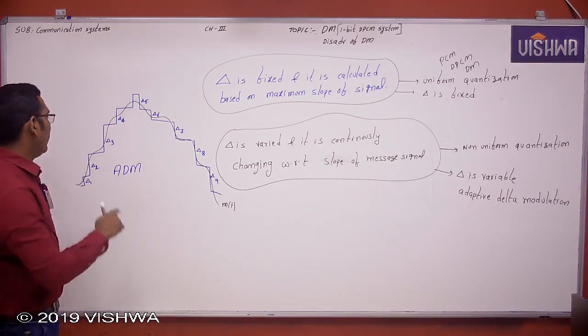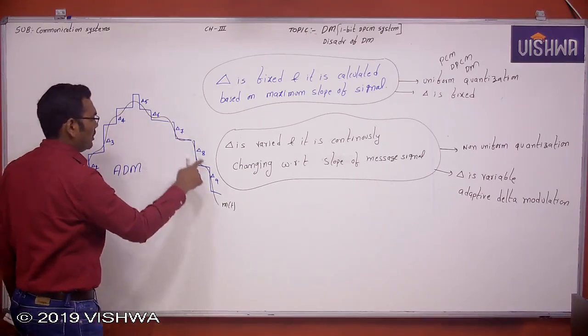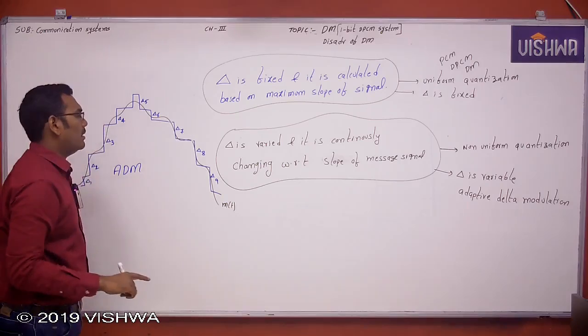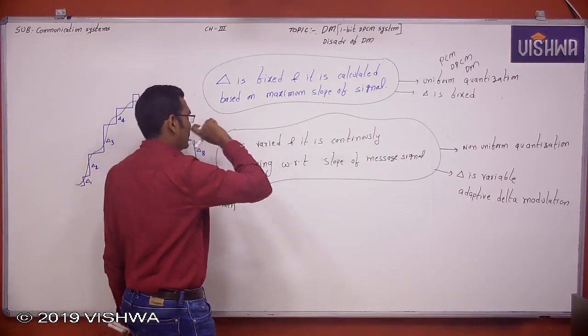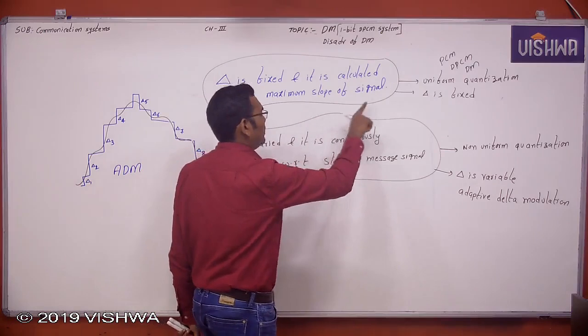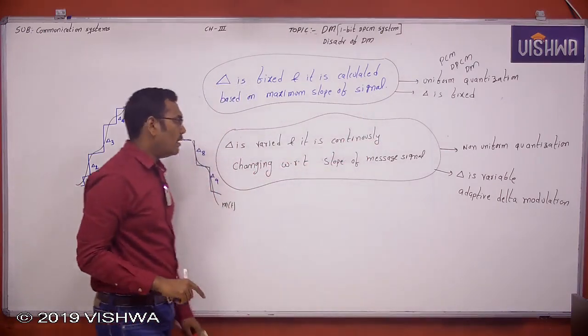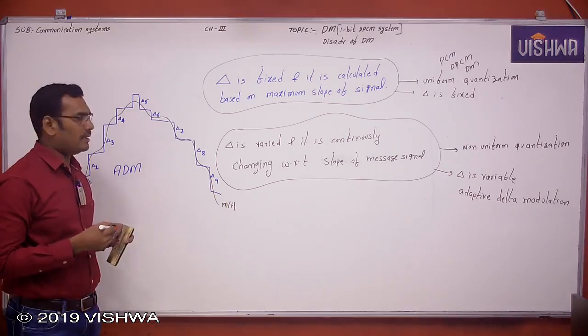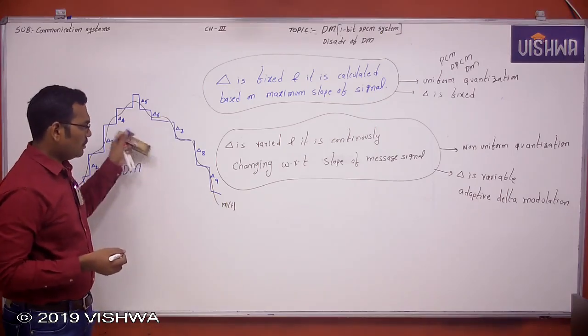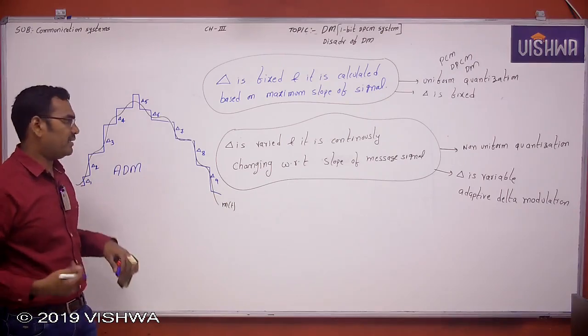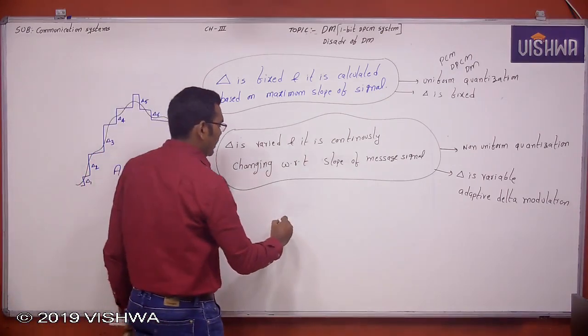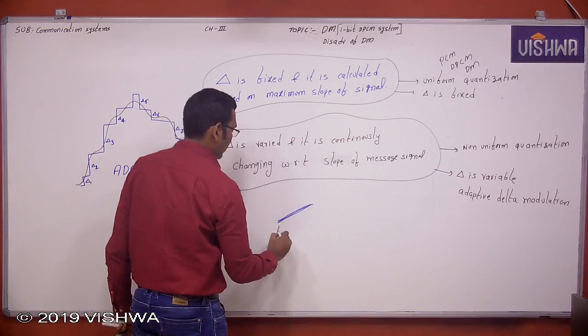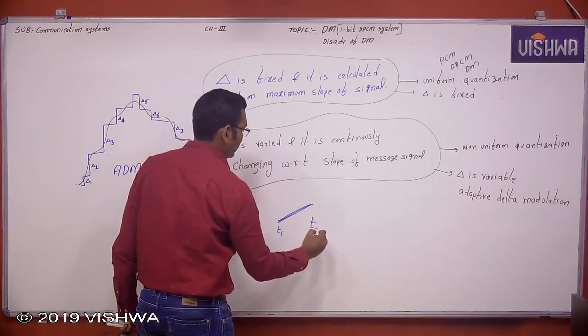Understand or not? Where the step size is continuously changing according to the slope of the message signal, that is adaptive; where the step size is fixed and calculated based on the maximum slope of the message signal, it is a uniform step size. Okay, but this adaptive technique is not an easy technique. So this is generally how the practical implementation is. Let us take a duration of time from t1 to t2 seconds.